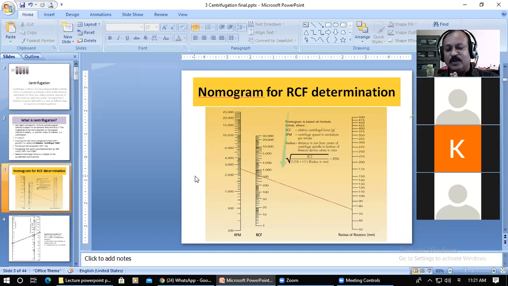For every kind of rotor, the radius of rotation is already known. So if you know these two terms, then you can easily calculate the relative centrifugal field which is acting on a particular particle which is being separated from a liquid. Is it okay?